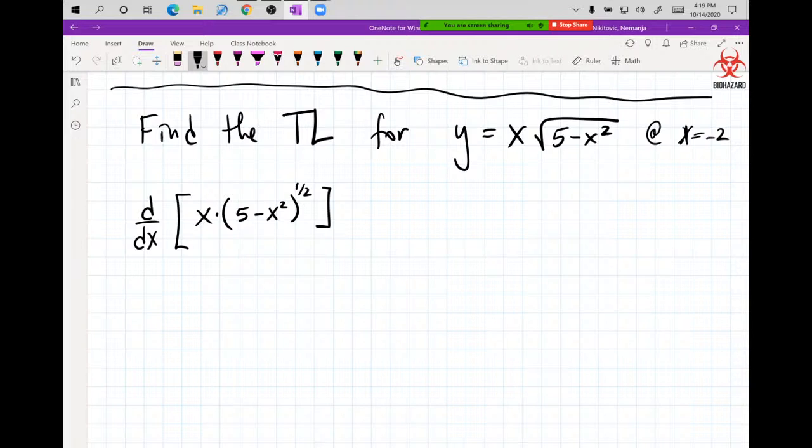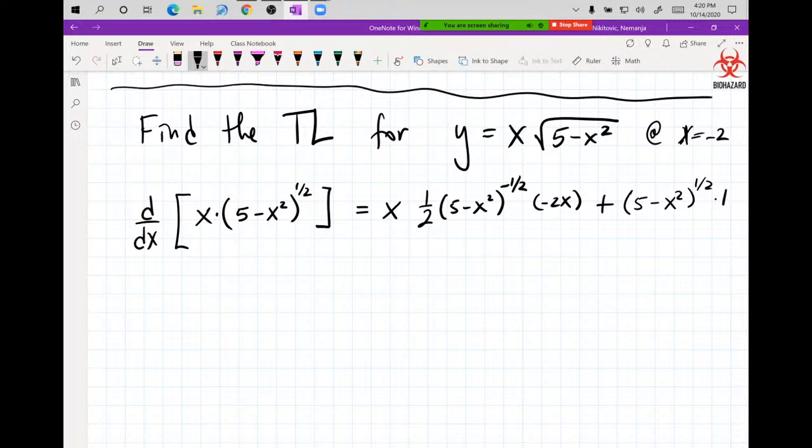So let's go. Copy the first function, take the derivative of the second function, and now you have to take the derivative of the inside as a chain rule. That's our chain rule. And then we go plus, copy the second function, which is 5 minus x squared to 1/2, times the derivative of x is 1.